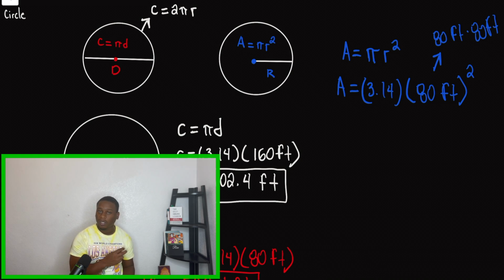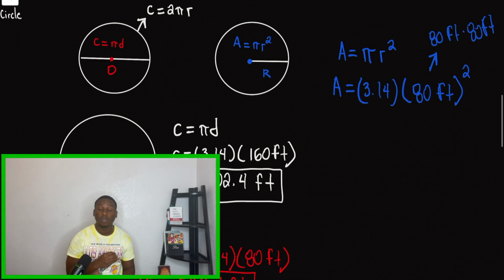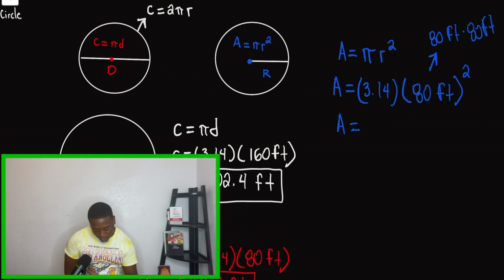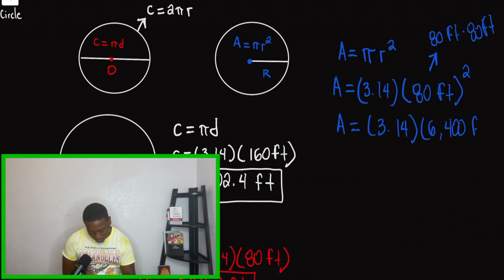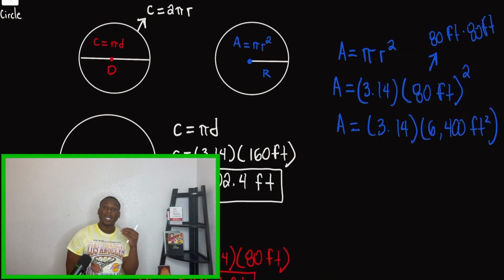So please understand the difference. We're not multiplying by 2, we're squaring the radius. And once we square the radius, that changes our units as well. So what we should have is 3.14 times 6,400 feet squared, right? Because feet times feet is going to give us feet squared, or you can use the other way to say it of square feet.